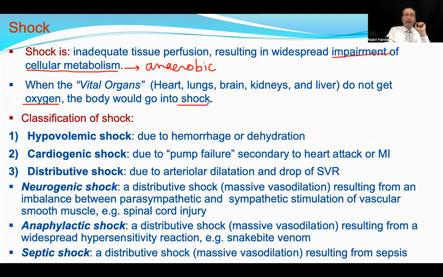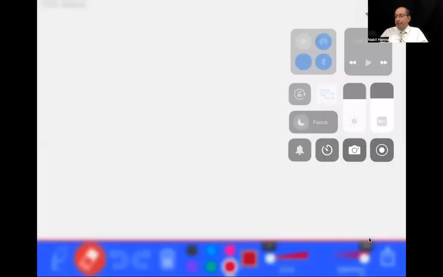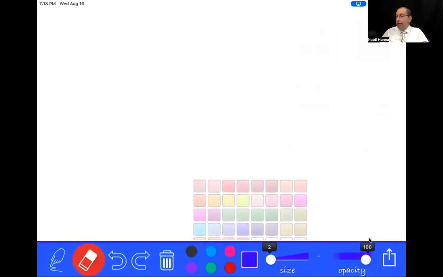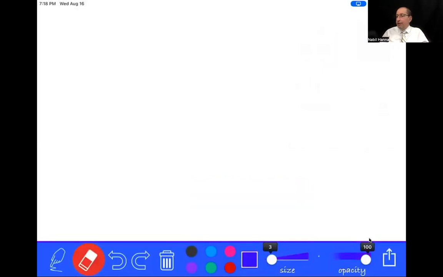There are 3 categories of shock: hypovolemic, cardiogenic, and distributive. And let me use the whiteboard to talk about these 3 types. Let me draw this kind of pattern.